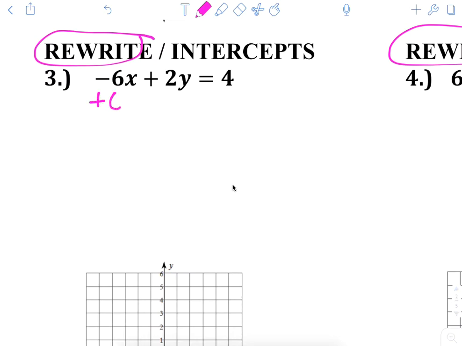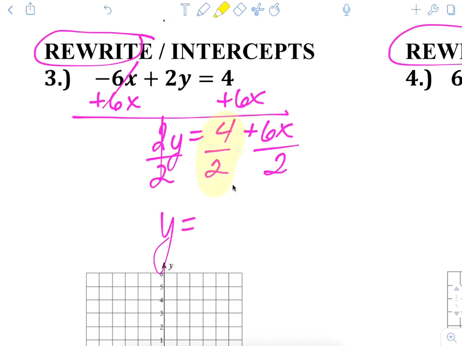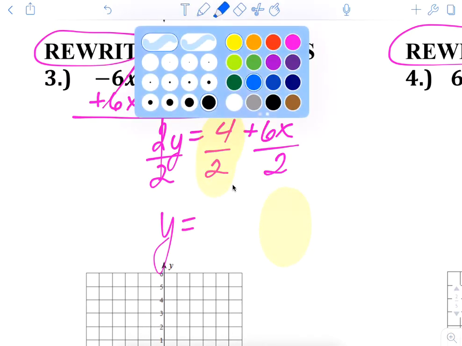We do that by adding this time, and that's because it's negative. We wouldn't subtract a negative. That wouldn't cancel. All right, so if I write what I see, I have 4 plus 6x. We need to get rid of the 2, so we're going to divide everybody by 2. It is not in the right order right now, so we want to make sure that we switch our m and b.